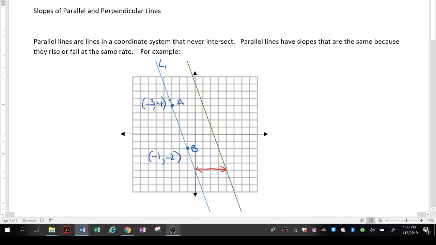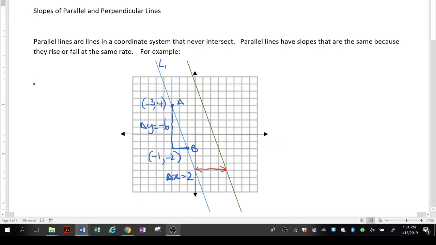Now we can use the slope formula to find the slope between these 2 points, or we can simply count. The change in x here is 2, and our change in y, we're falling as we read from left to right, so 1, 2, 3, 4, 5, 6, so our change in y is -6.